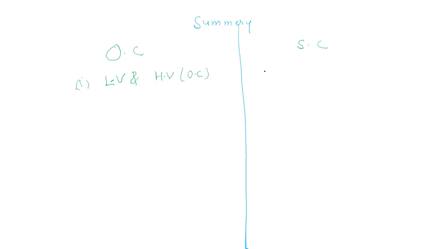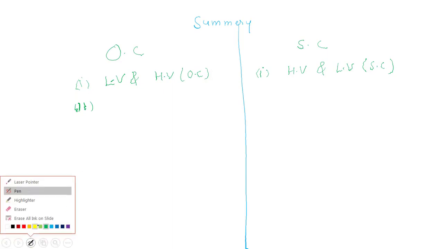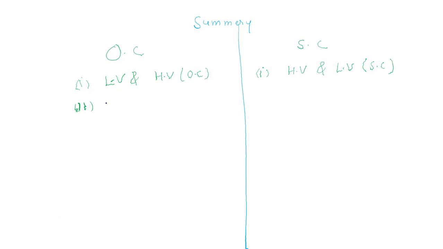For the short circuit test, we perform it on the high voltage side and the low voltage side remains short circuited. Second, the open circuit test has to be performed at V rated and F rated, and the short circuit test at I rated and F rated, the rated frequency.